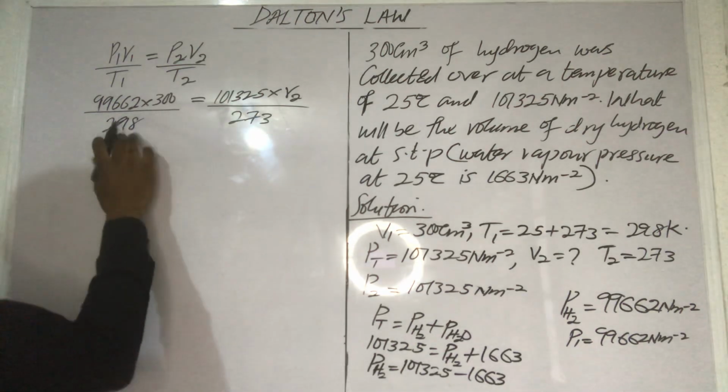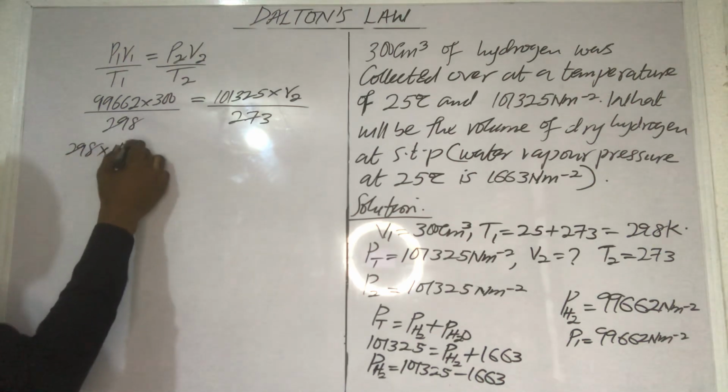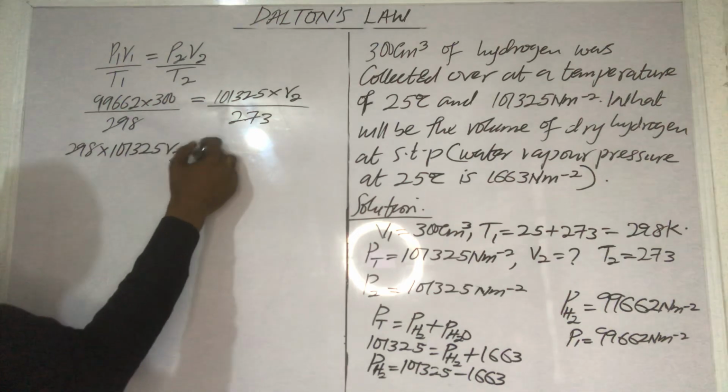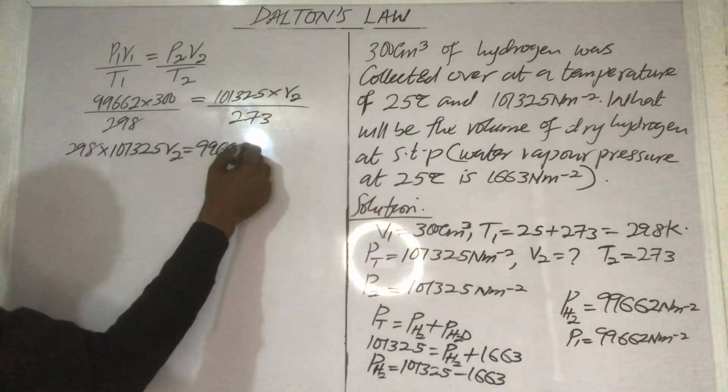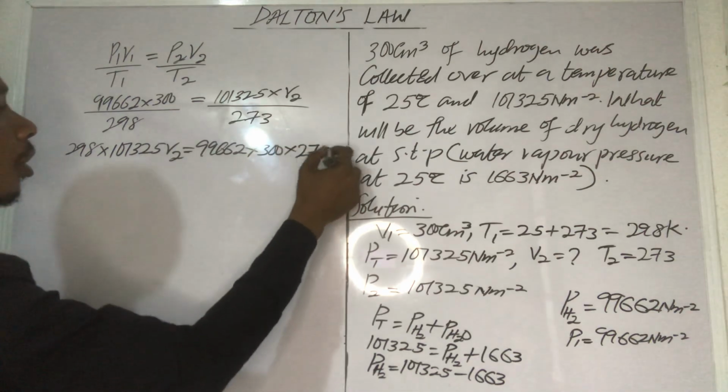If I first multiply this times this, I will have 298 times 101,325 V2 is equal to 99662 times 300 times 273.